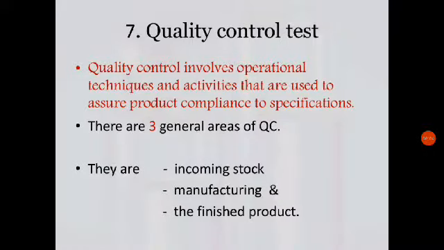So today let's see the quality control test, or the evaluation test, for parenteral preparations. Generally there are three areas for quality control to be assessed: the incoming stock, the manufacturing, that is in-process quality, and also finished product quality.